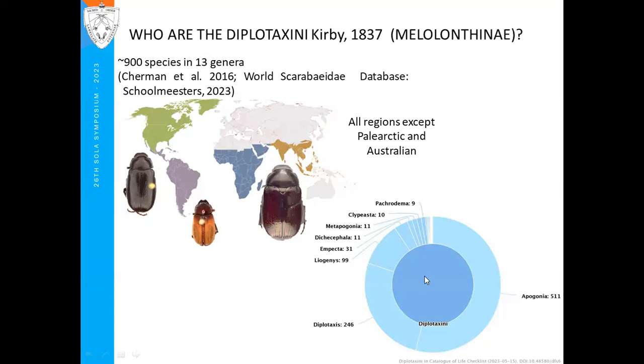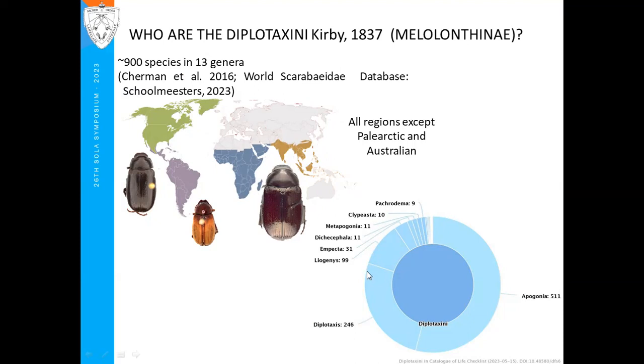More than 50% is due to the richness of Apogonia. This genus occurs in the Afrotropical and Oriental regions, along with 6 other minor genera.